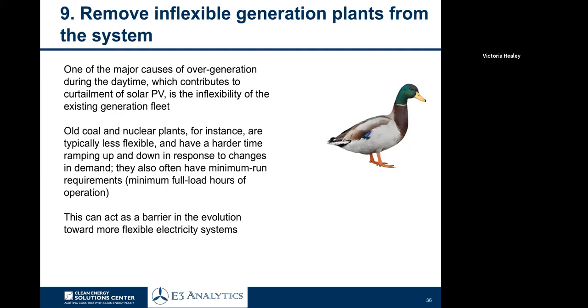And if you can reduce some of those or remove some of that inflexible load, you can make it easier, again, to integrate more variable renewables and more solar PV in the process. So the presence of inflexible loads is a major challenge, a major barrier in some ways to the continued scale up of solar PV.